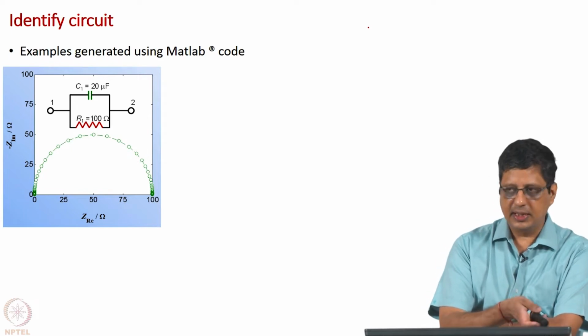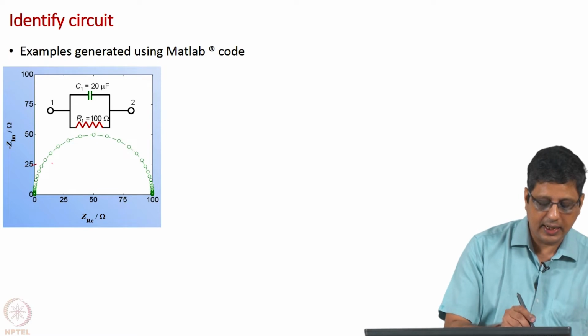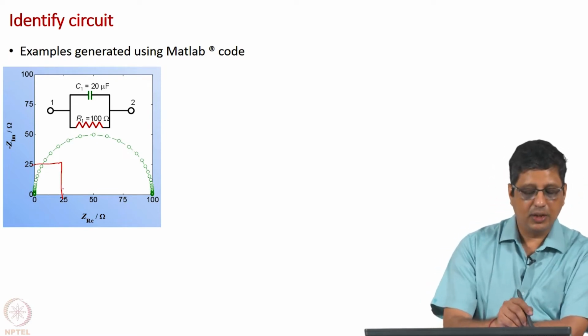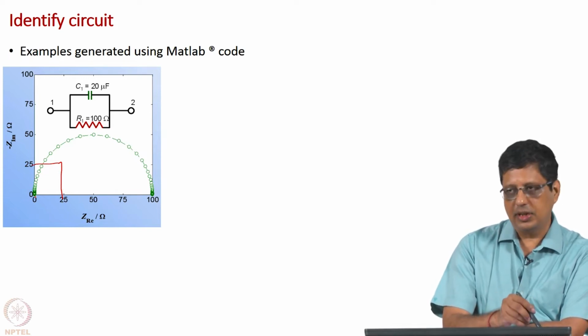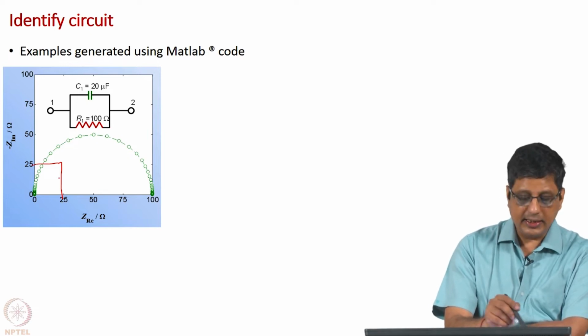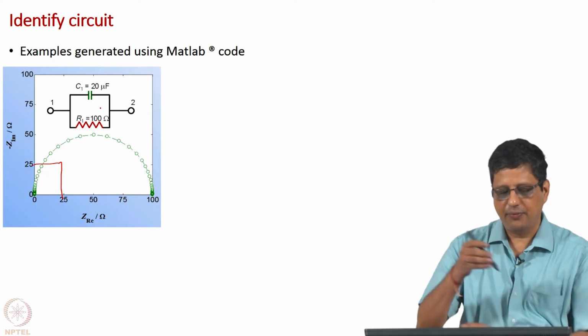If it shows a semicircle and you want to say it is a semicircle when these are equi-scaled, 25 ohms, 24 ohms in x and y direction, they have the same length, and it starts at 0 at the high frequency, you can represent this by one RC element. In this case I have generated it using this value, so I know I can fit it using these values.